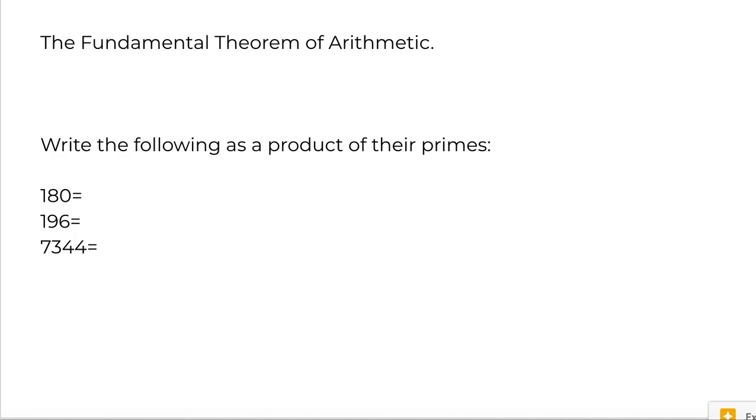You did a question on finding the prime factorization of numbers. You wrote 180 as 2 squared times 3 squared times 5, and 196 as 2 squared times 7 squared. These are prime factorizations where you just write it as the product of powers of prime numbers. You cannot write it as 6 times 6 squared because you have to break it down to the prime factors.